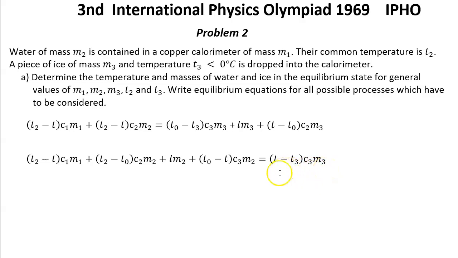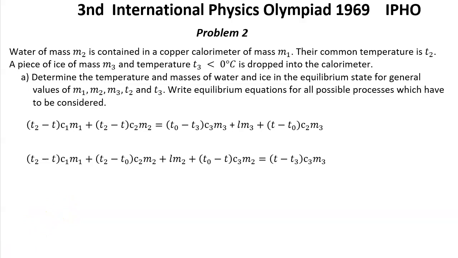This is the total heat which was given to the ice, and that's equal to the heat from the calorimeter, (T2 minus T) multiplied by C1 M1, plus the same for water from temperature T2 to T0, C2 M2, plus the heat taken from water to convert it to ice, which is L M3, plus the same for ice, which is (T0 minus T) multiplied by C3 M2. So that was the second case.